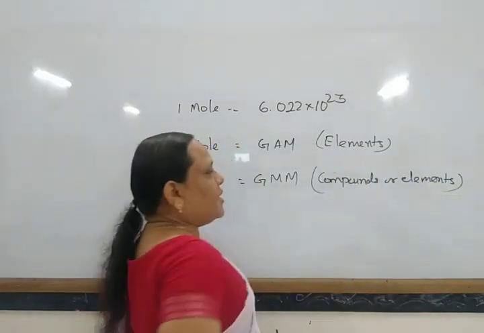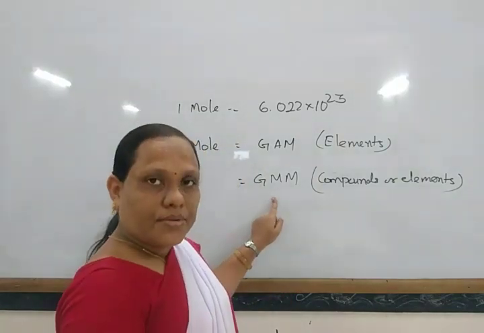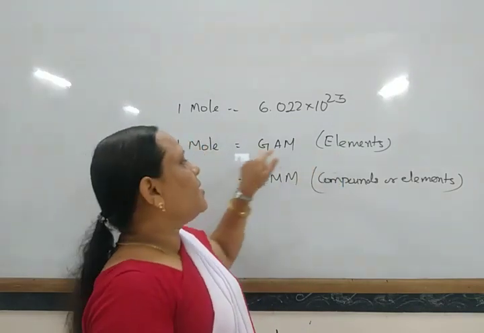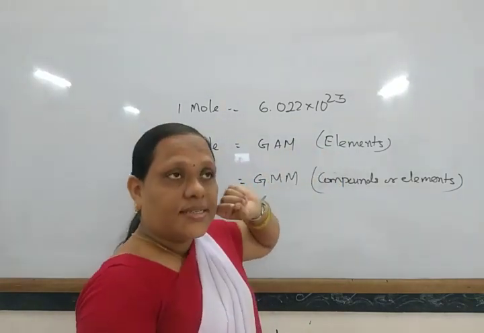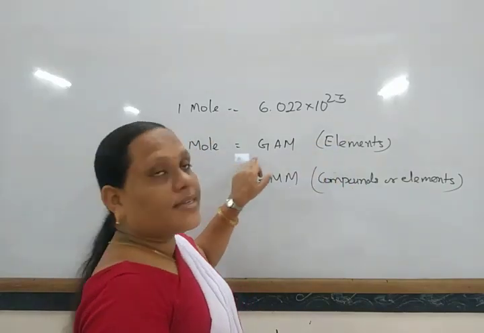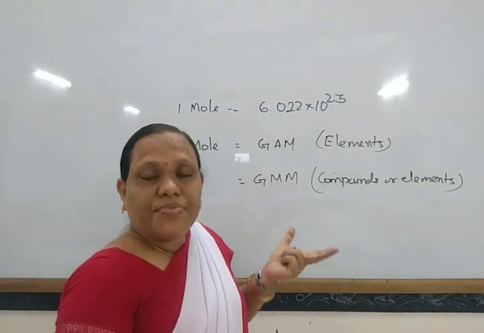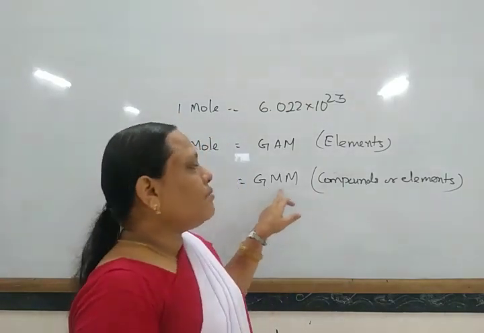Here, for elements which exist in molecular form, we use gram molecular mass, and for elements which exist in atomic form, gram atomic mass. The atoms which exist in free state, for those gram atomic mass, and the atoms which do not exist in free state, generally exist in molecular form, for those gram molecular mass.